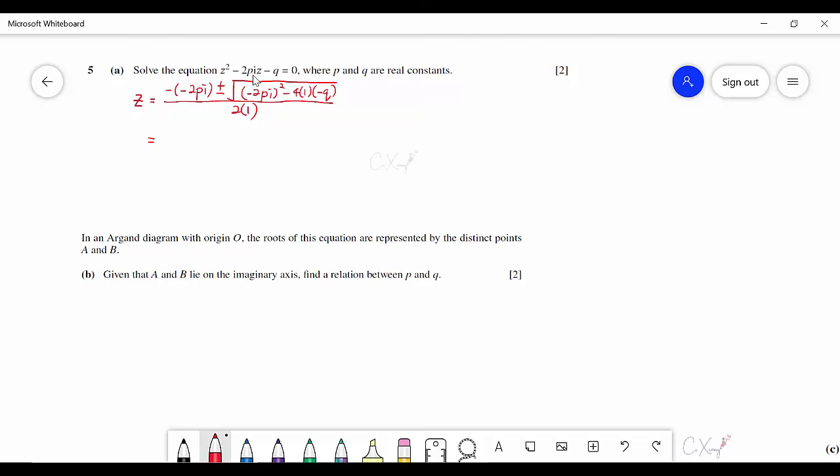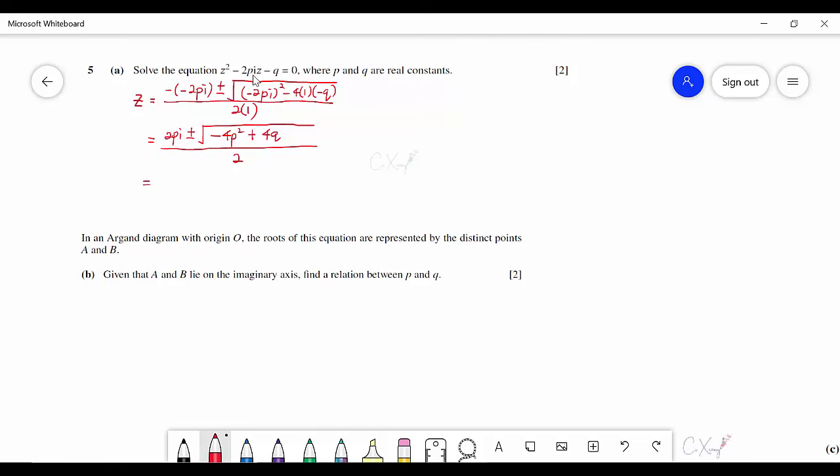Alright, so we try to simplify everything here. I'm having 2pi, then plus minus square root, so negative 2 squared becomes a 4. p is p squared, then i squared is negative 1. Therefore, if you simplify everything here, you will have negative 4p squared, and then plus 4q, then divided by 2.